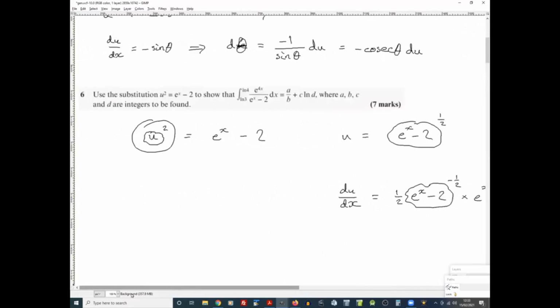Now, just reassure me you know what I meant by implicit differentiation. Differentiate both sides with respect to x, and what do we get? Do the right-hand side first. What have we got on the right-hand side with respect to x? e to the x. And what about on the left? 2u.